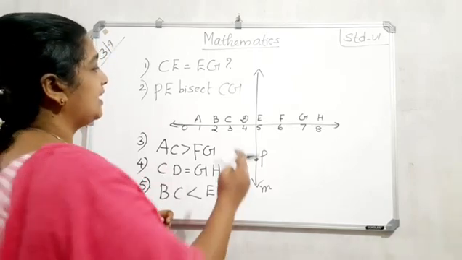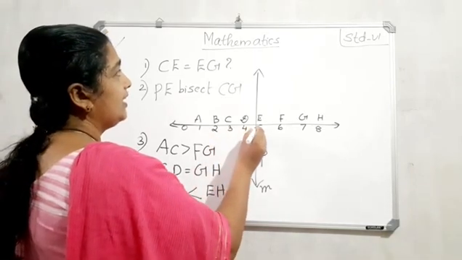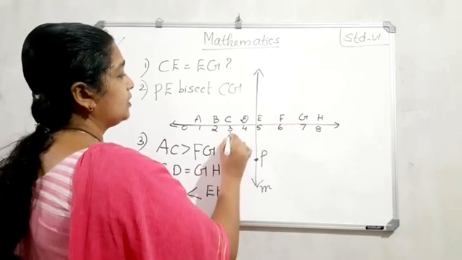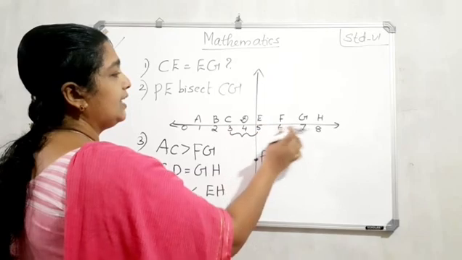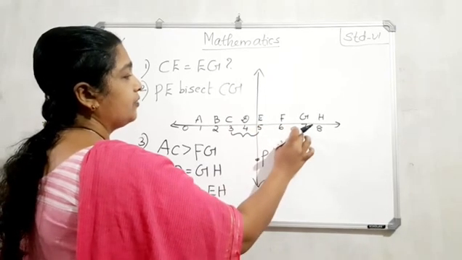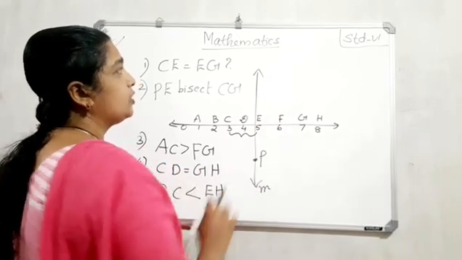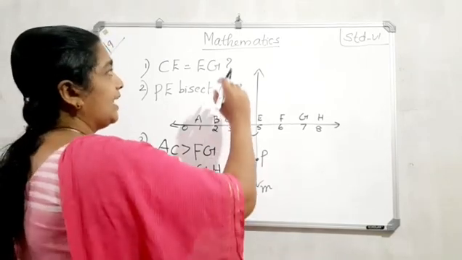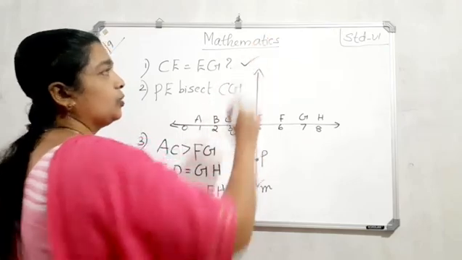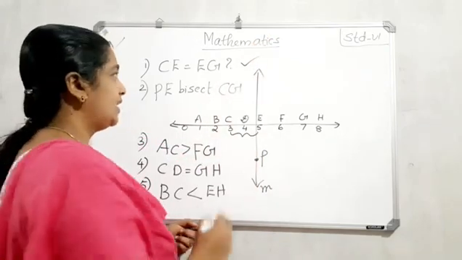We can check by taking the measurement. Here CE is 2 units, and EG, from here to here, is also 2 units. Therefore, EC equals EG. Answer: true.